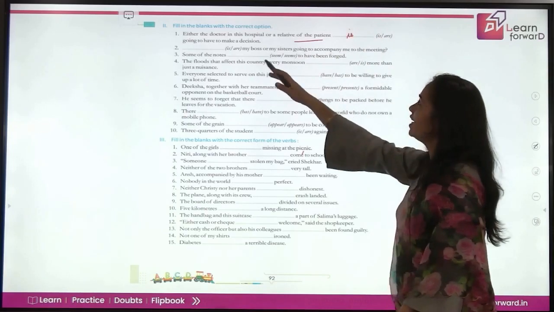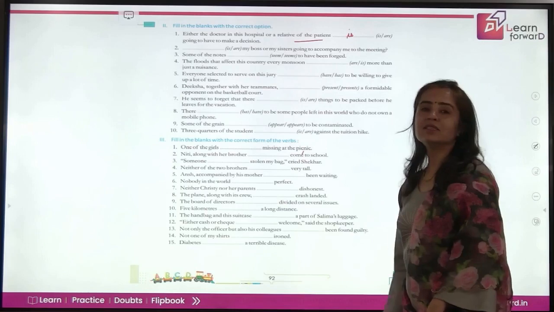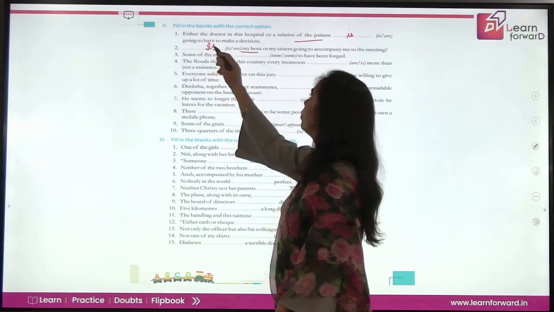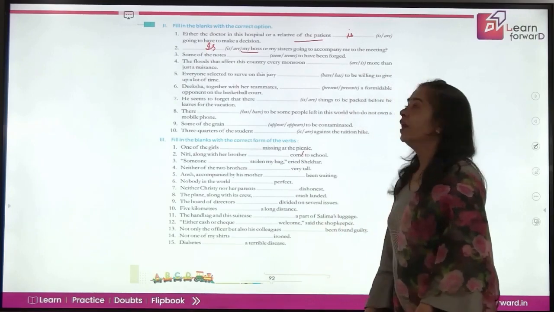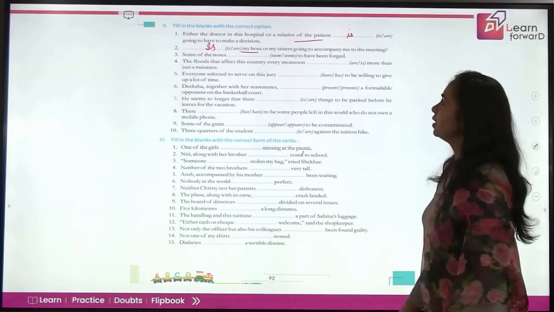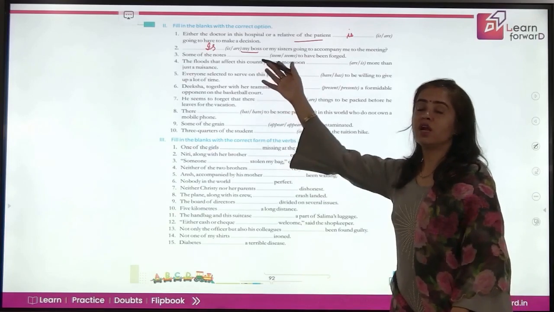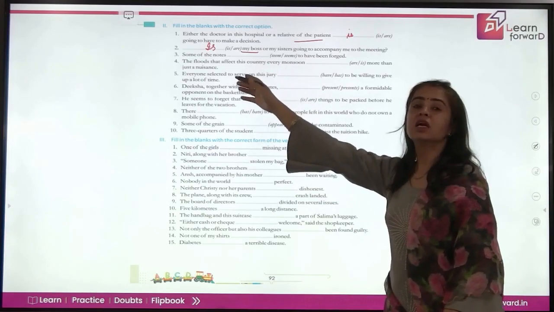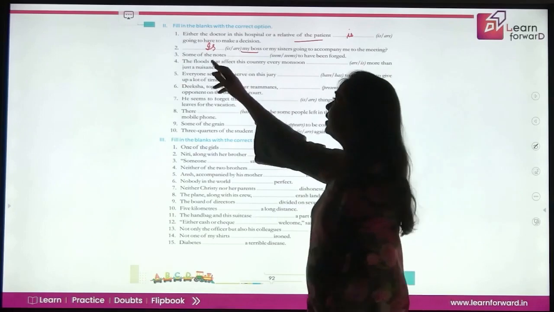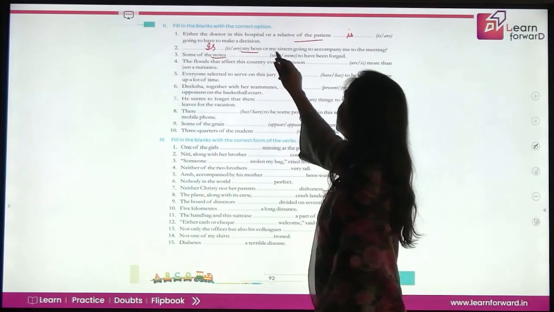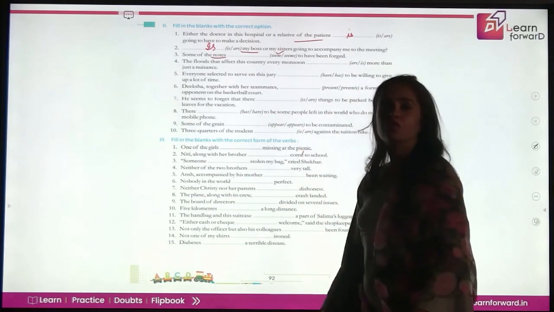Next, dash my boss or my sister. So what is closer? My boss. So is my boss or my sisters going to accompany me to the meeting? Some of the notes, we are talking about something which is countable, which is plural in number. So some of the notes here seem to have been forged.